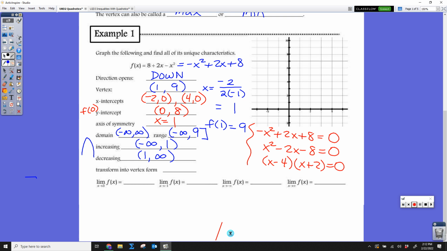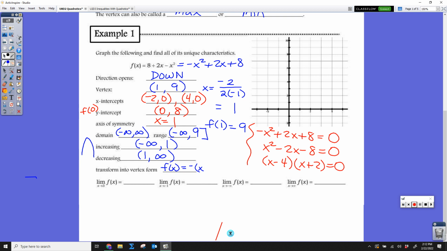All right? Now, vertex form. Try vertex form. It's up here. Remember, that's the a, x minus h squared plus k. So I'm going to write it as f of x equals, well, what's our a value? Negative 1. So negative, parentheses, x.